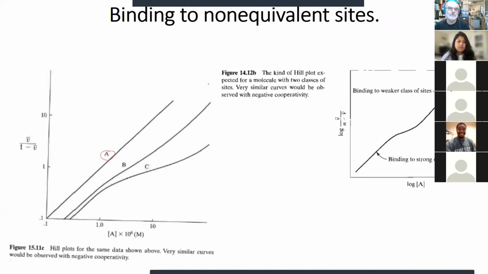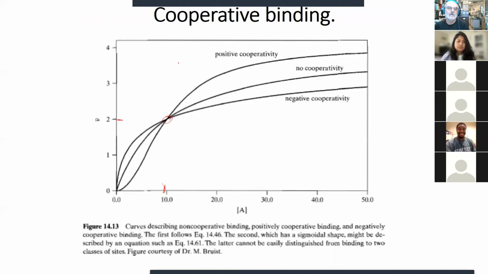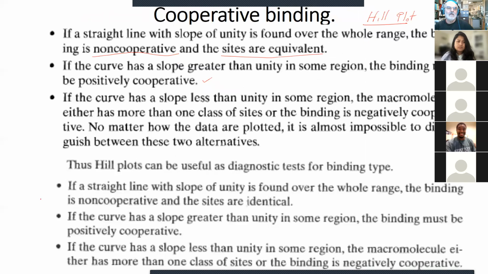This doesn't show that yet. That would be a situation where the data curves upwards like this. And if the curve has a slope less than, excuse me, less than unity, the macromolecule either has more than one class of sites or the binding is negatively cooperative.